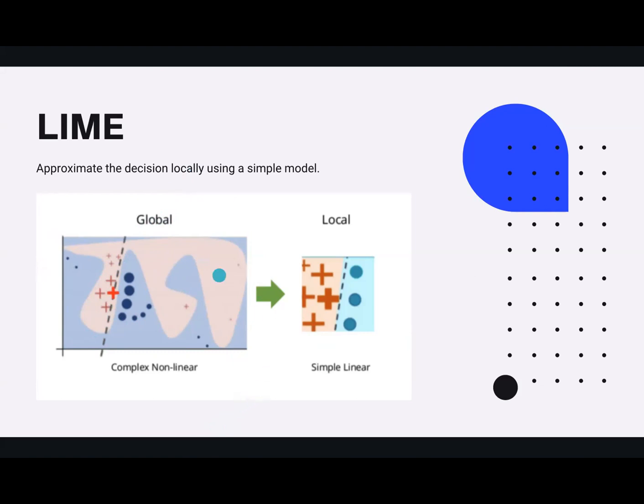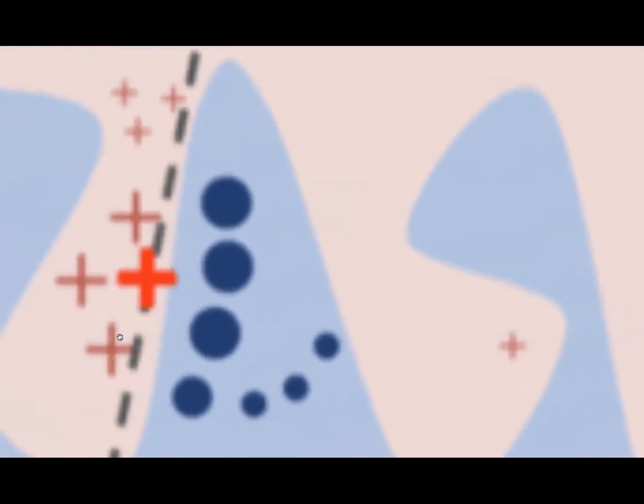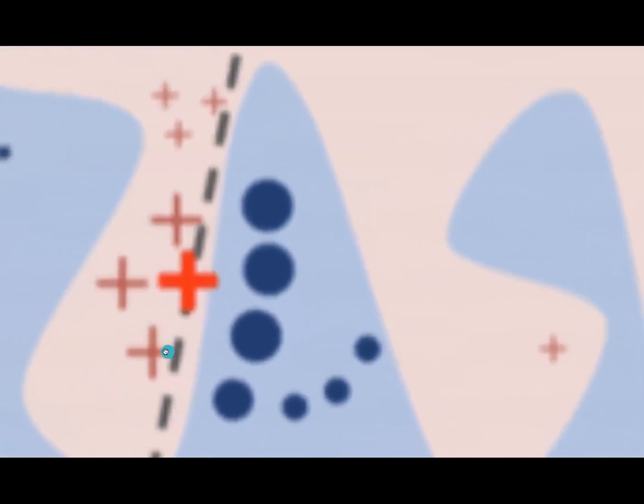So instead of doing that, what we will be doing is working locally. This is a very complex model in general, but if you zoom in, and if you zoom in even more in this specific region, the model is no longer complex.